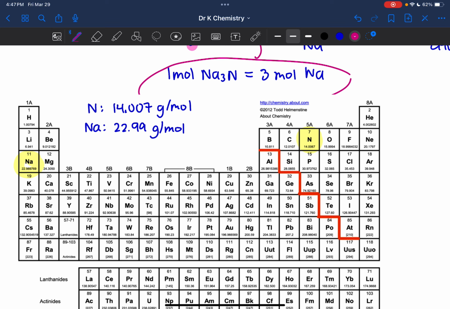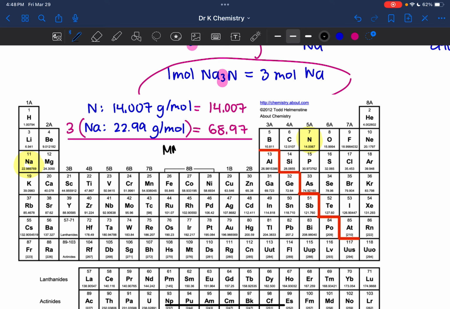And then I do have to keep in mind how much of each atom I have in the formula. And it looks like there are 3 sodium atoms. So I have to multiply this value by 3. Okay. That gets me 68.97 grams per mole. The nitrogen we can just copy directly over because there's only 1 of them. So I'm going to add up these 2 values.